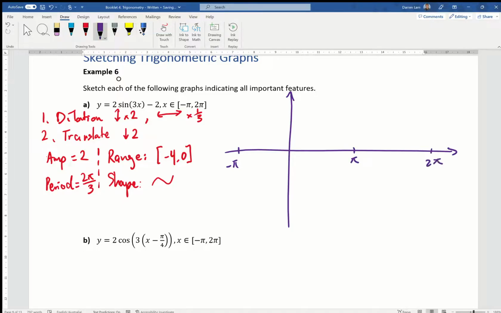Given the fact that this function does not have a period that's a multiple of pi, we're going to have some very odd looking anchor points, is what I call them, or key features.